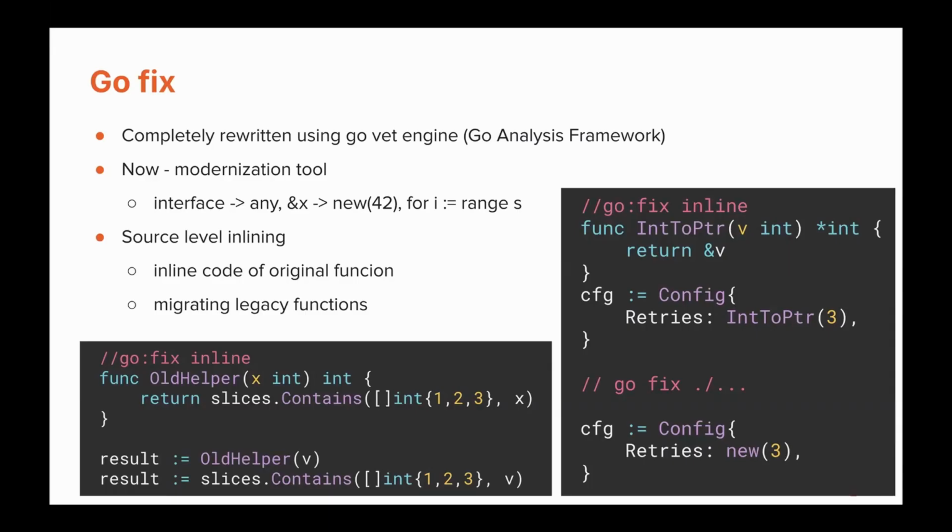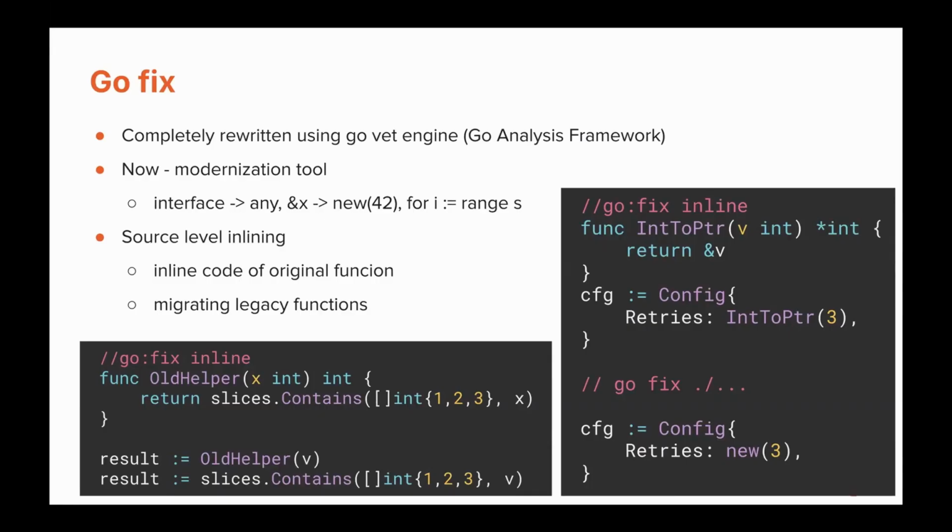So there are the standard features, but it also has one extra nice feature, and that is to get rid of helper functions over time. Let's say you have an old helper function like this that before was maybe manual, some for loop. Later on, it was changed to use slices.Contains, which was added, well, I don't know in which version of Go.